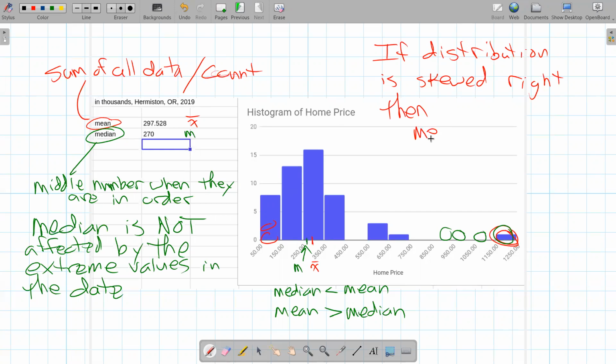Then the mean will be bigger than the median. Reverse happens if there is a left skew. So if we had a skew on the other side, then we would find the mean would be pulled to the left toward the tail because we have to add up those small numbers.